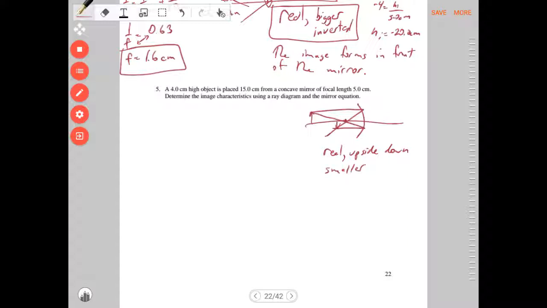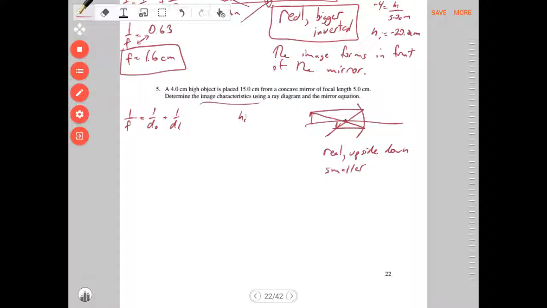Now, if we look at our formulas, because it just says determine the image characteristics, that means we have to solve everything. So 1 over f equals 1 over do plus 1 over di. I know f and I know do, so because I want the characteristics, I have to find di.